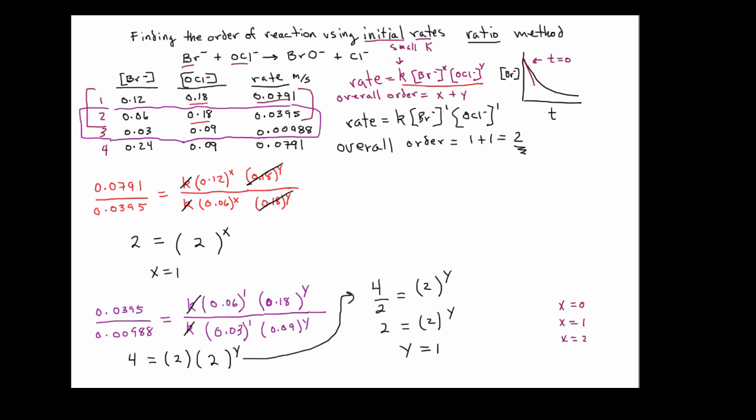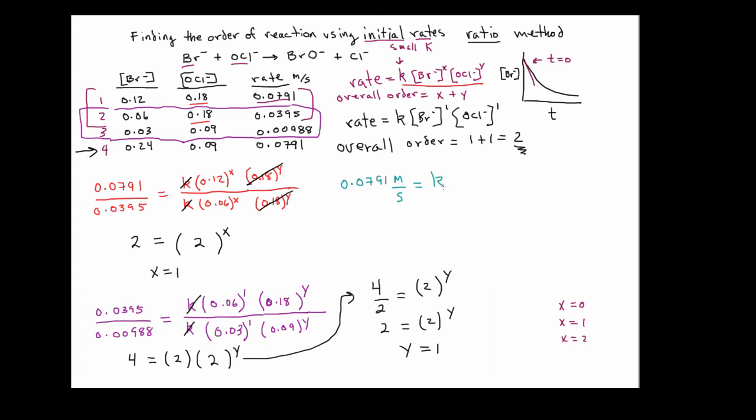Now, we can find the rate constant using any column of data in here. So we'll use experiment number 4 for this. The rate of experiment number 4 is 0.0791, and I'm going to put my units in now. So it's molarity per second.